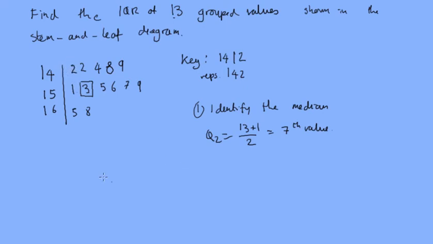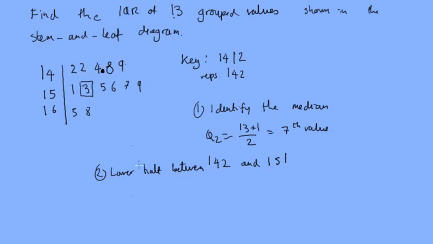The lower half is between 142 and 151, and we have 1, 2, 3, 4, 5, 6 values. So for Q1, we're going to have 3 here, then 3 here, so it's going to be in here.